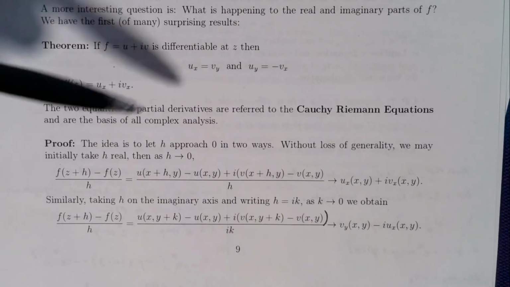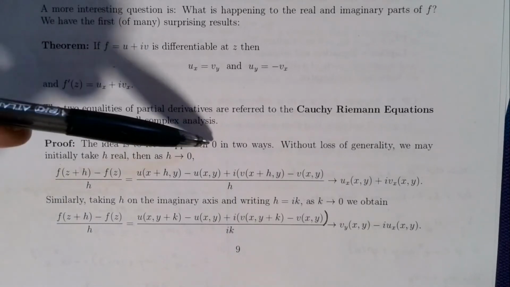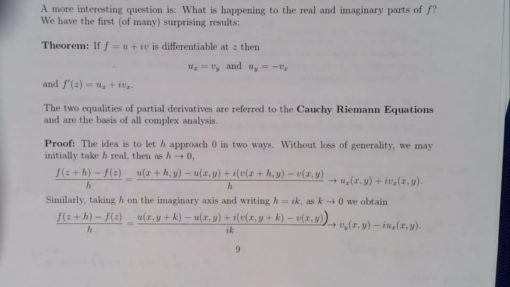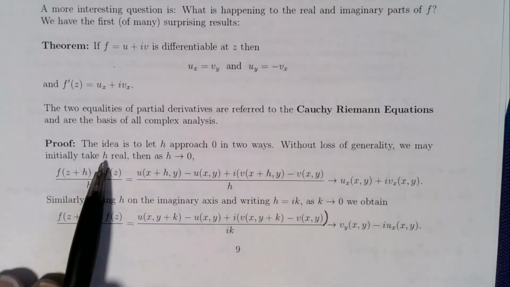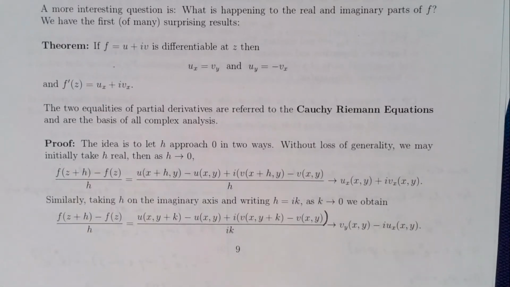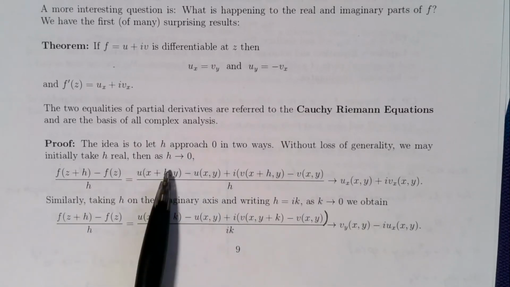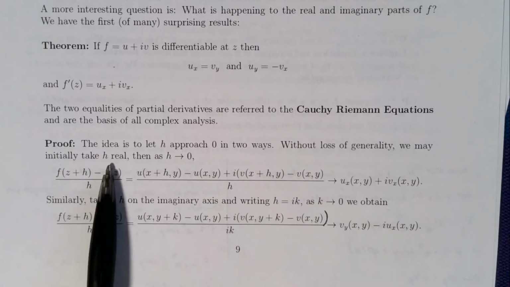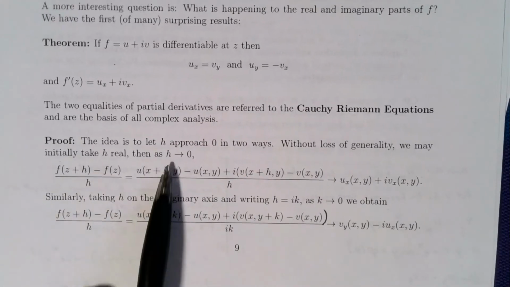And so I'm going to let h go to 0 in two specific ways. That is, I'm going to firstly send h to 0 along the real axis, and then I'm going to do it along the imaginary axis. So initially I'm going to take h to be real, and then I'm going to let h go to 0.